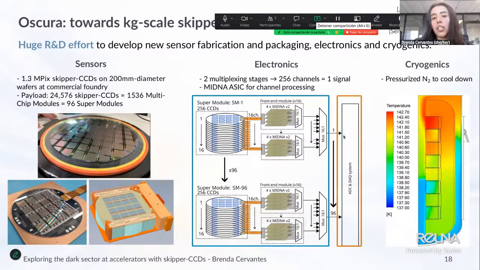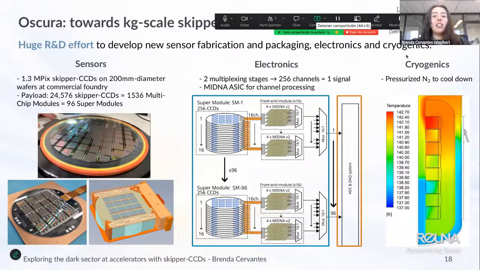This is to reduce the complexity of the electronics, and also we developed the Midna ASIC for channel processing, which is essentially a chip that reduces also the footprint of the electronics and makes everything more compact and reduces backgrounds.